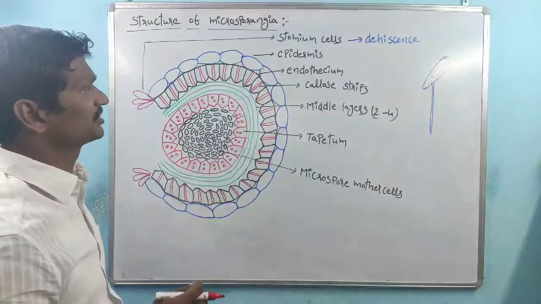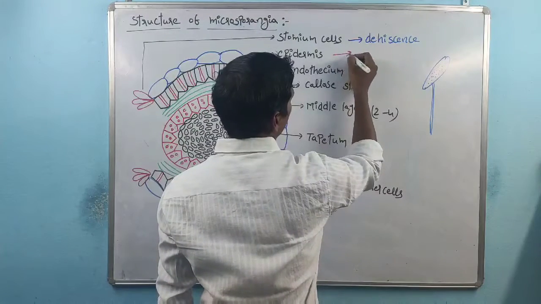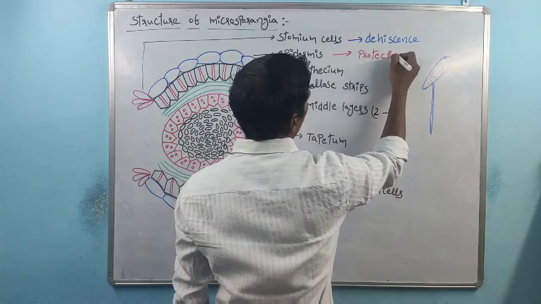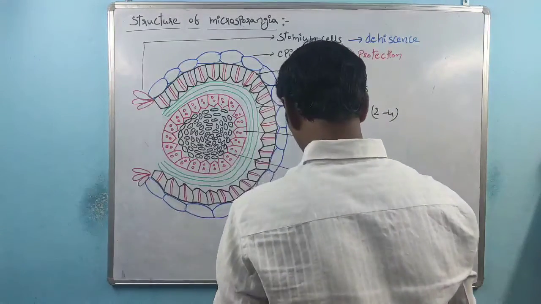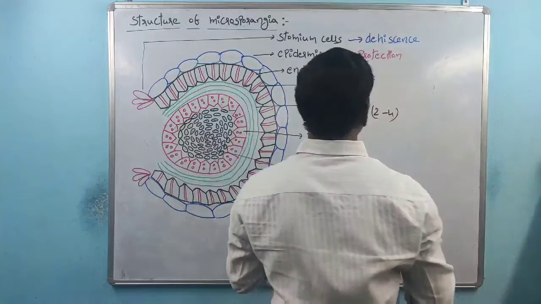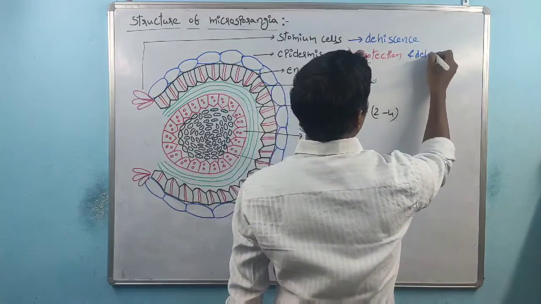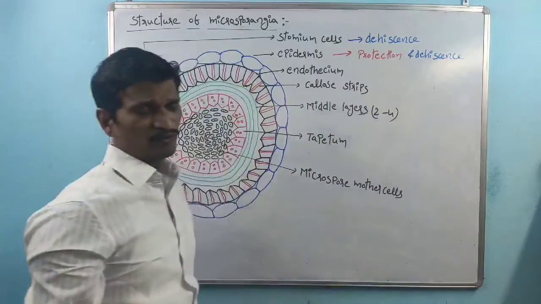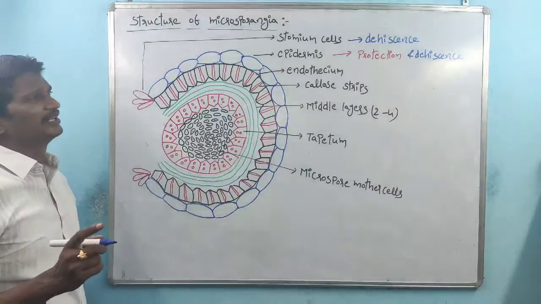The epidermis is majorly involved in protection. The very first function is protection, and the next function is dehiscence. So the epidermis is involved in two functions: protection and dehiscence.